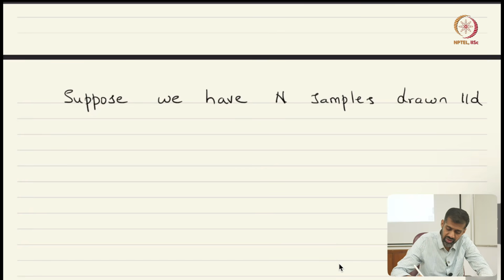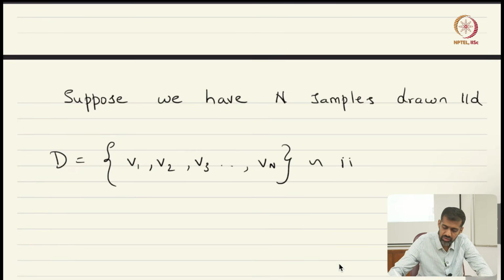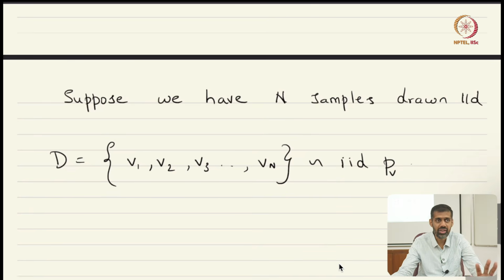So let us say that we have D, which is, I use another notation here, V1, V2, V3 up to Vn, and this is drawn IID from a distribution. I will write the density PV. Note that this V can be Px, Pxy, Px given y, Py given x, anything. It depends upon what the underlying problem is. The treatment now will be general.